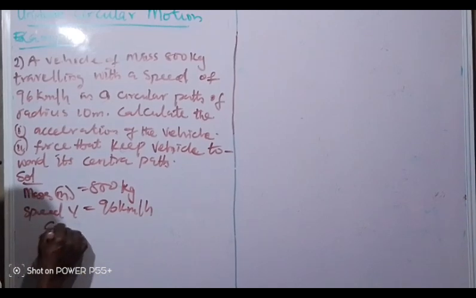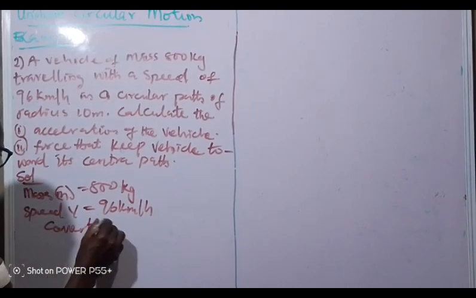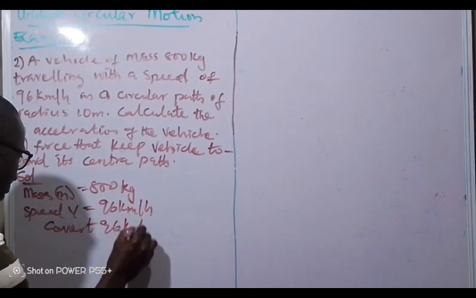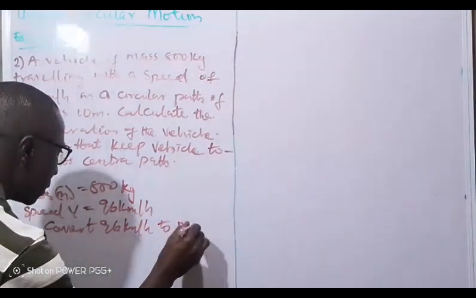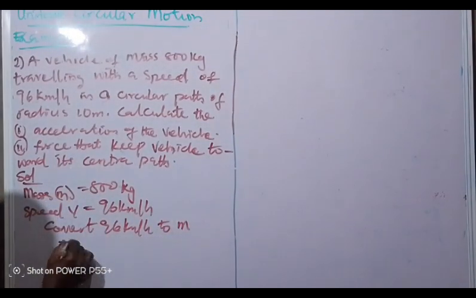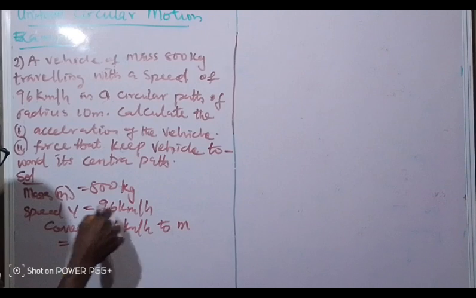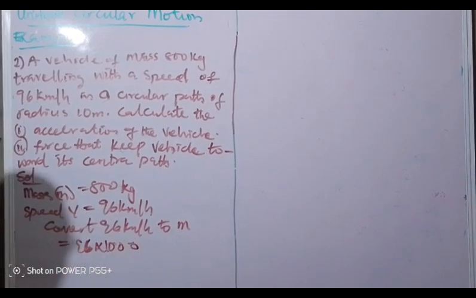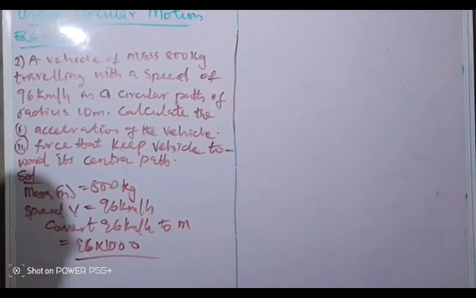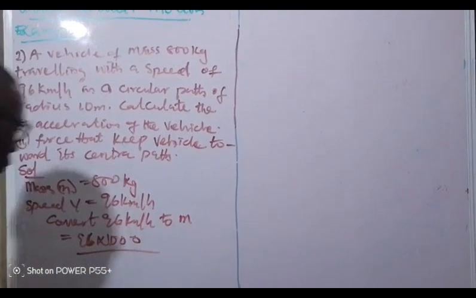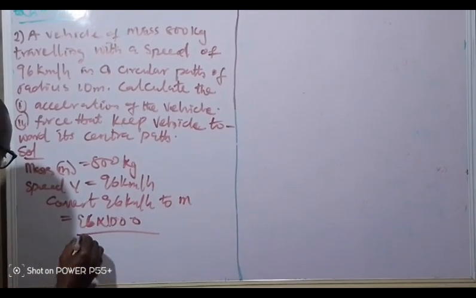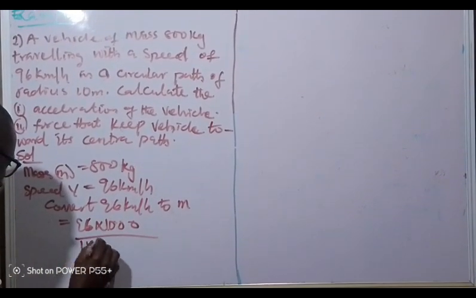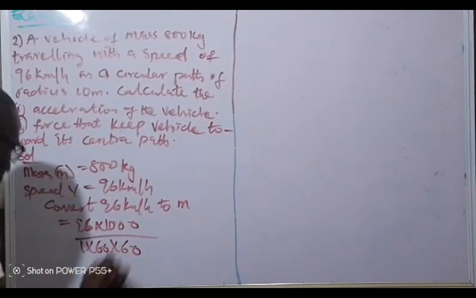So now we convert 96 km per hour to meter per second. 96 km to meter is multiplied by 1000. Then per hour: 60 minutes is equal to 1 hour, and 60 seconds is equal to 1 minute. That will be 1 multiplied by 60 multiplied by 60.